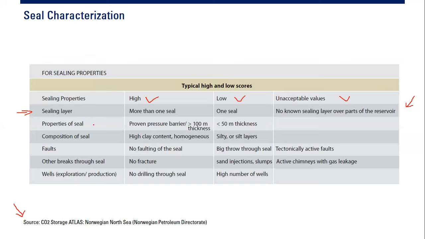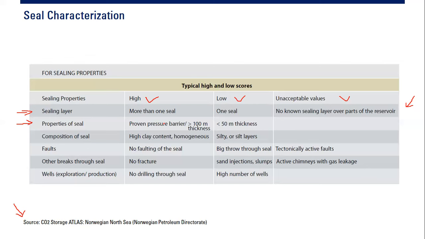And the second one is the properties of the seal itself. If it is a proven pressure barrier, or if the thickness is greater than 100 meters, then of course it is considered a good seal, a high seal.